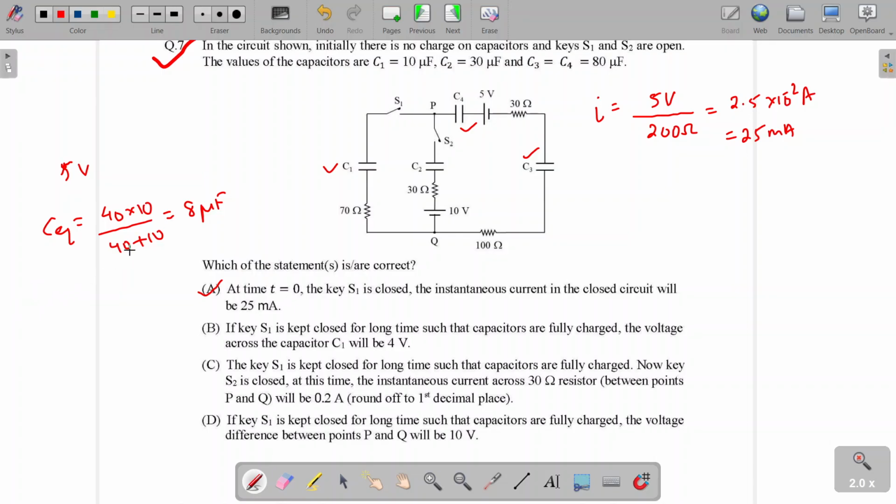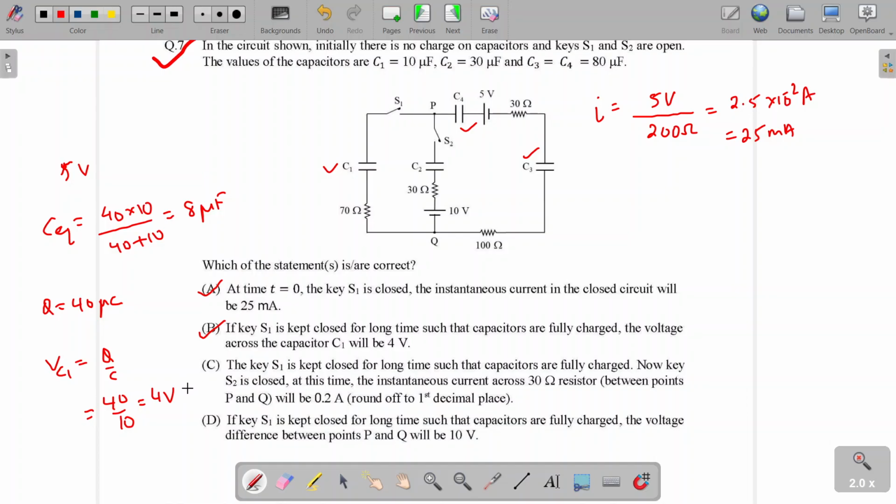So the charge which went to the circuit is some 40 microcoulombs. Corresponding voltage across C1 is Q by C, that is 40 divided by the capacitance itself, which is 10. So this is 4 volts. So option B as well is correct.